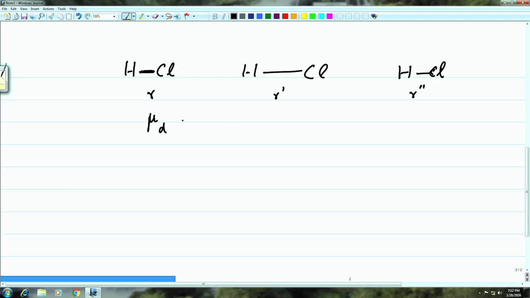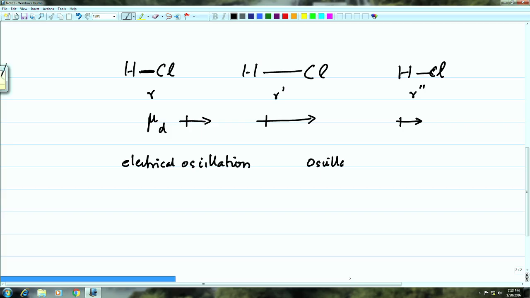It oscillates from a small value to a slightly larger value and back to a small value. This is an electrical oscillation, and the electromagnetic field has an oscillating component of electric field.